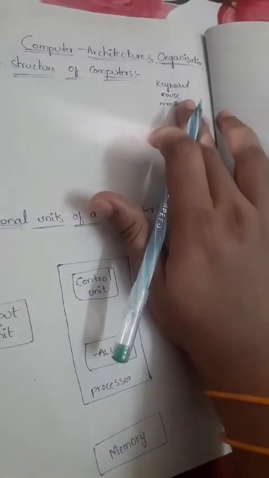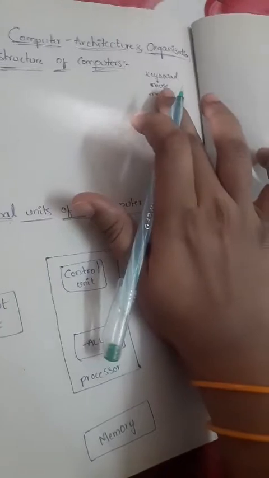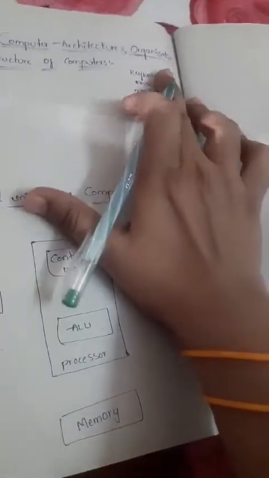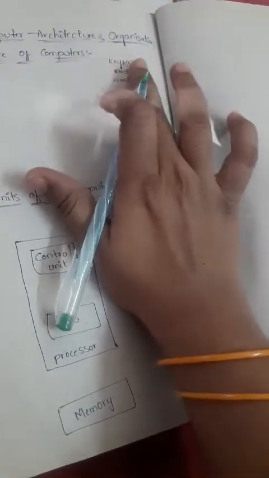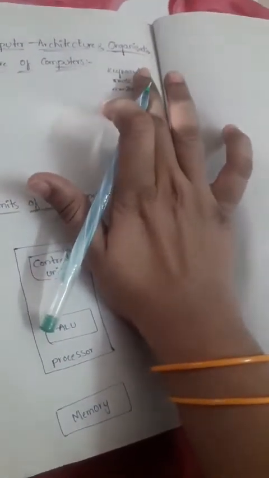Computer architecture or organization is about the internal parts of the computer. Whatever parts we just discussed, we call them the physical parts of the computer.